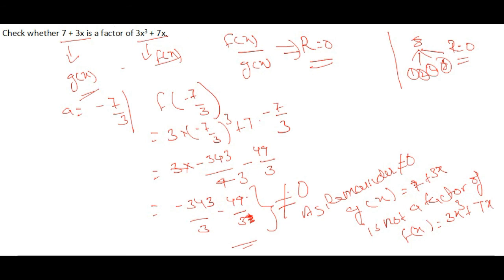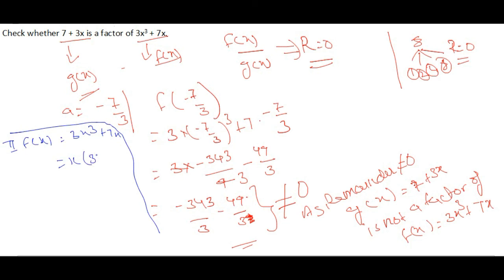So the second method is to factorize 3x cube plus 7x. Method number 2, the second method, starts from here. So f x is equal to what? 3x cube plus 7x. To factorize, I will take x as common from both terms.